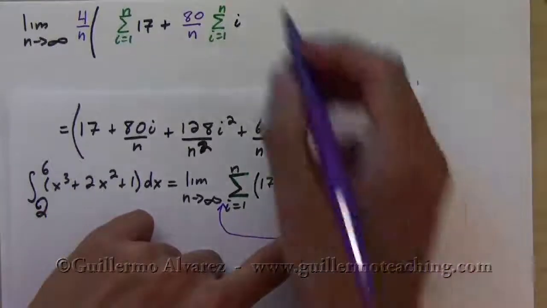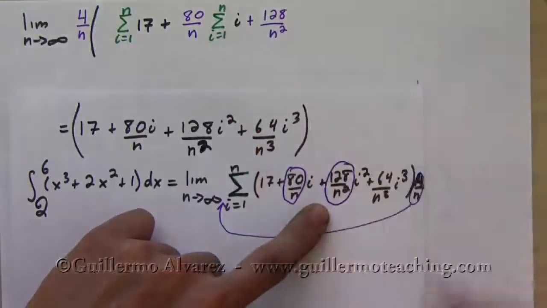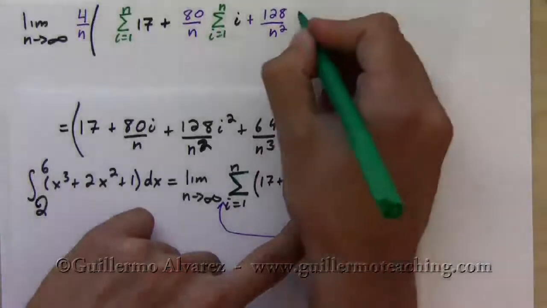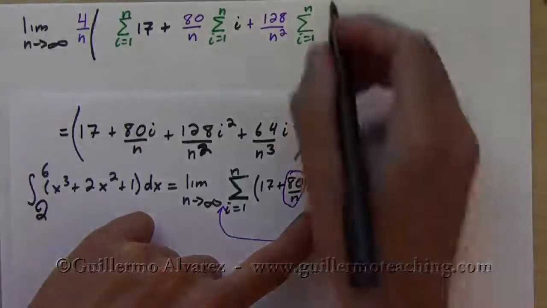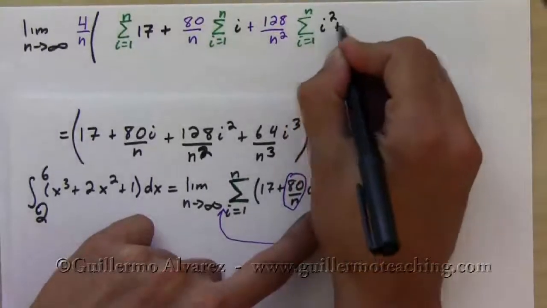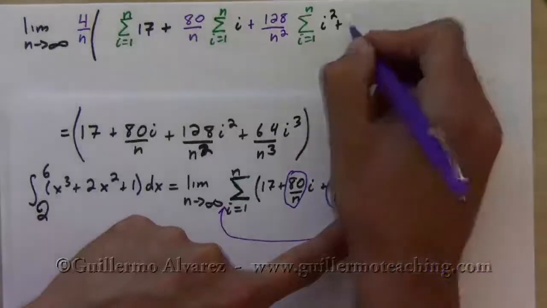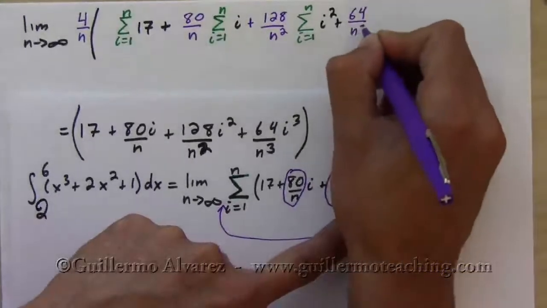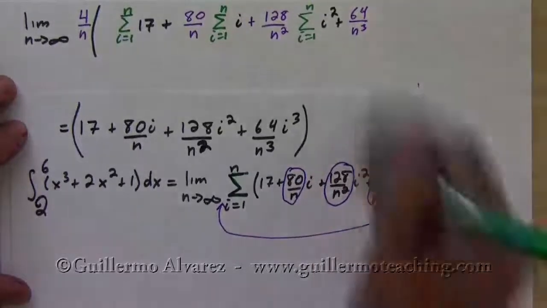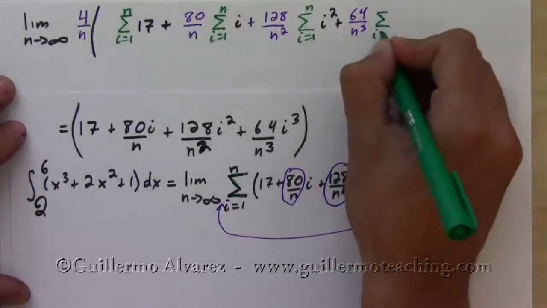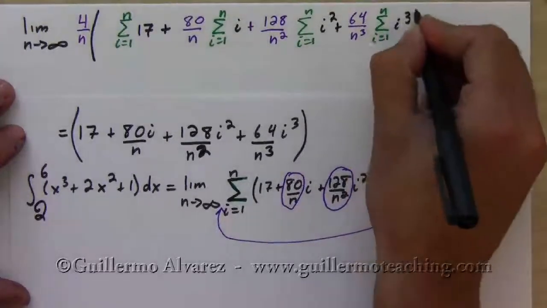And so this guy, I'm also going to take out the 128 over n squared, now times the sum from 1 to n of i squared, and then plus, this one also has a constant part, 64 over n cubed times the sum from 1 to n of i cubed.